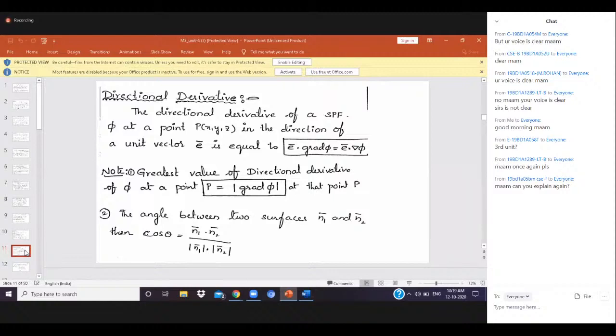So e bar we need to calculate, that is the unit vector. Then under this we have two more important points. The greatest value of a directional derivative of φ at a point P is equal to the modulus of grad φ at the point P.